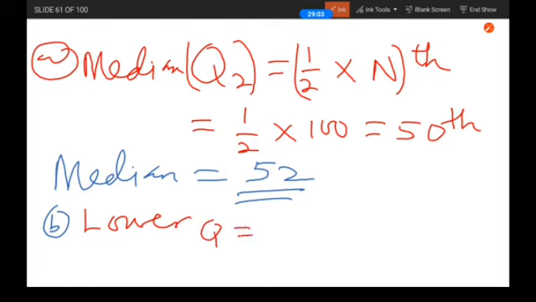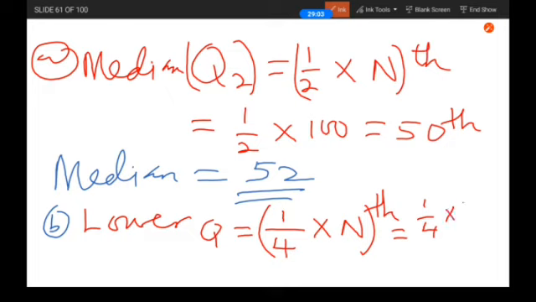And Q1 simply means 1/4 times n, and that becomes what? 1/4 times 100. If you do this very well, you are going to be getting the 25th position there.